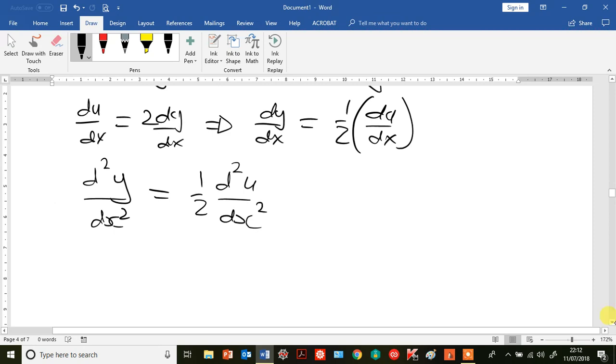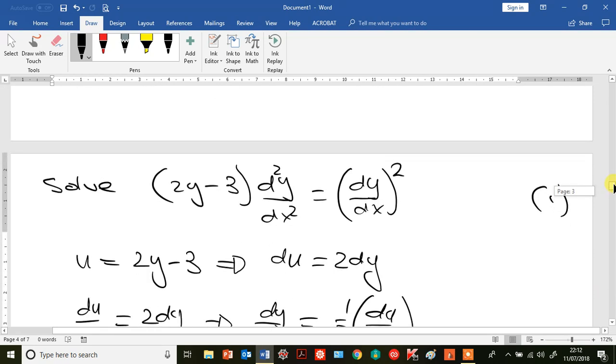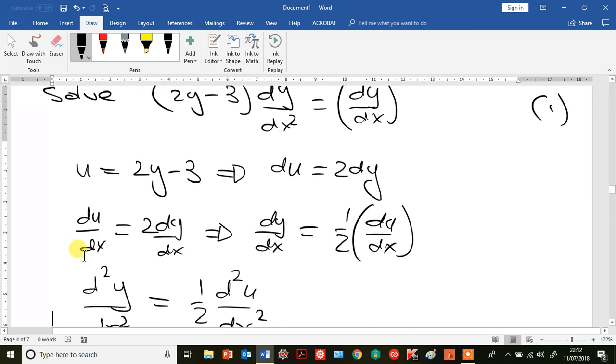This means that we can substitute the d squared y by dx squared, which is equal to a half d squared u by dx squared, back into the original equation, equation 1, along with the dy by dx term here.